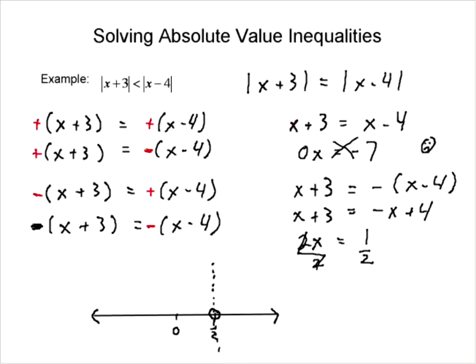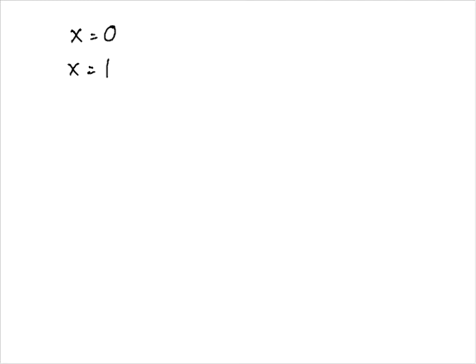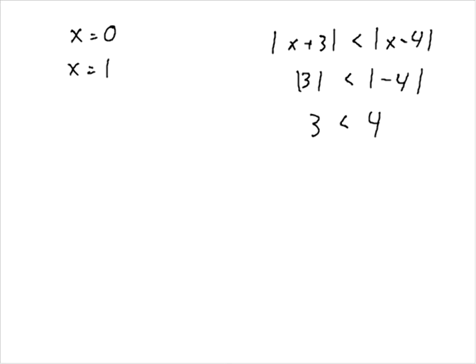So let's test x equals 0, and let's test x equals 1. I'm just going to rewrite the inequality: the absolute value of x plus 3 is less than the absolute value of x minus 4. When we test x equals 0, we're going to get 3. Is that less than 4? Well, is 3 less than 4?